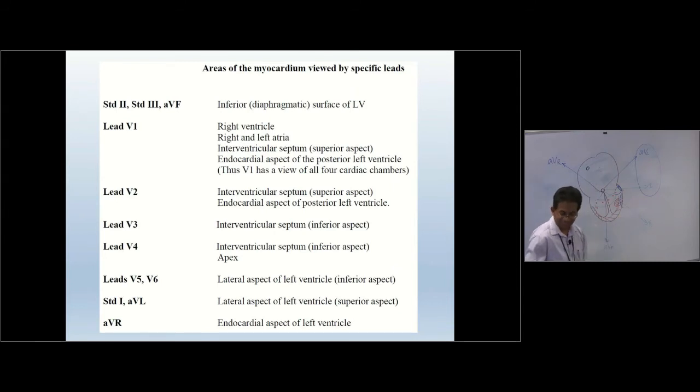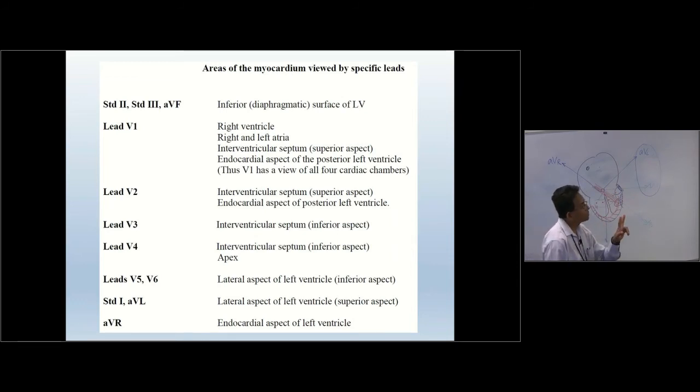Good. Now, we know the normal electrical axis. We always discuss that the normal electrical axis is towards lead 2. So this is the normal electrical activity, or the summation of the electrical activity. I mentioned usually the rhythm strip is lead 2.